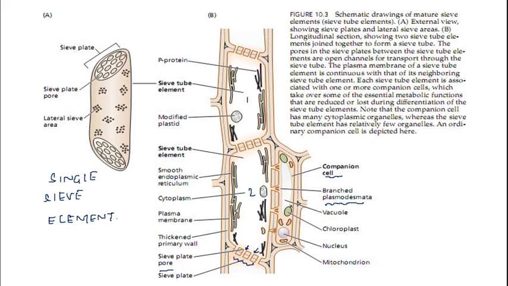The companion cell's role is to perform the essential metabolic functions which the sieve tube element cannot do. One specific kind of protein present in the sieve tube element is the P protein. We will discuss that.